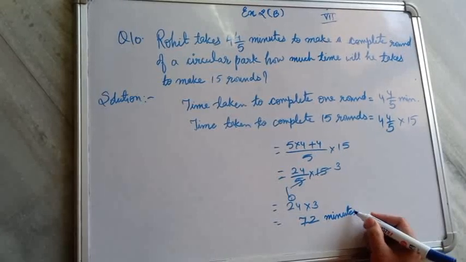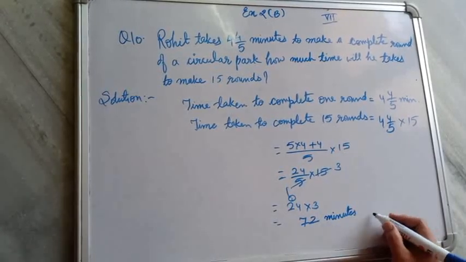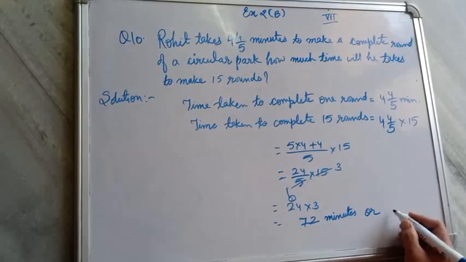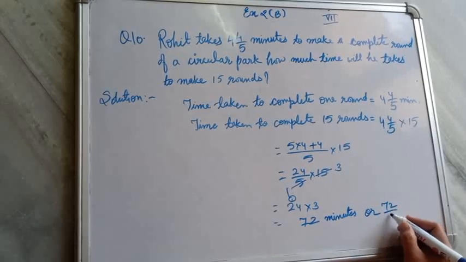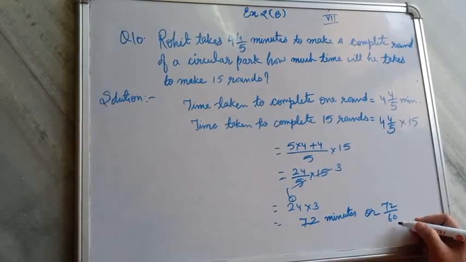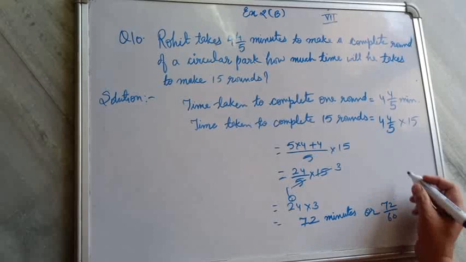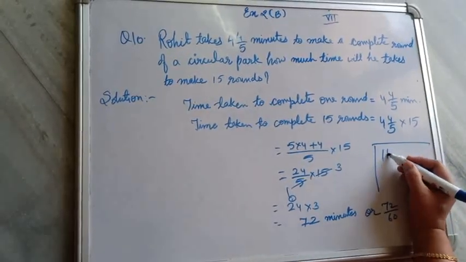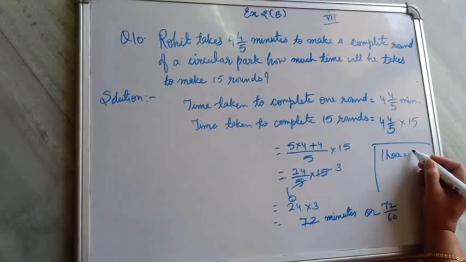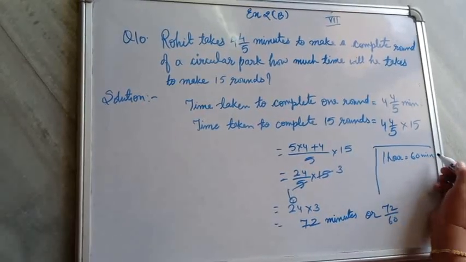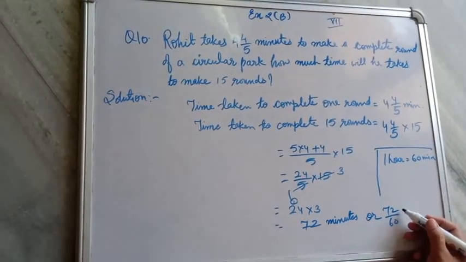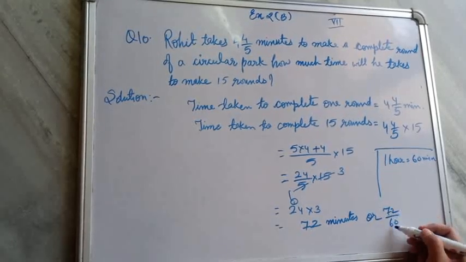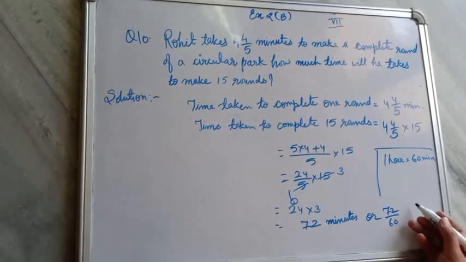So 72 minutes are there. 72 minutes can be written as 72 divided by 60. Why we are dividing it by 60? Because we know that 1 hour is equal to 60 minutes. So in spite of writing 72 minutes, we can convert it into hours.